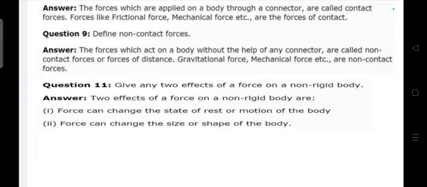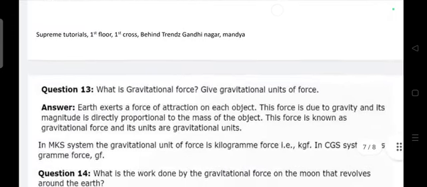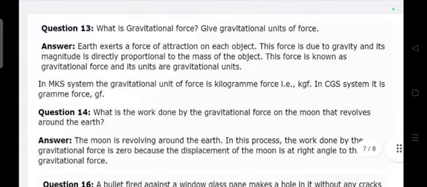Give any two effects of force on a non-rigid body. The two effects of force on a non-rigid body are: force can change the state of rest or motion of the body, and force can change the size and shape of the body. What is gravitational force? Give the gravitational unit of force. The earth exerts a force of attraction on each object.